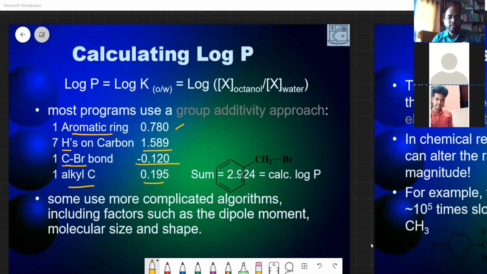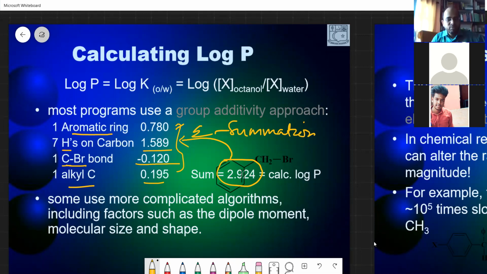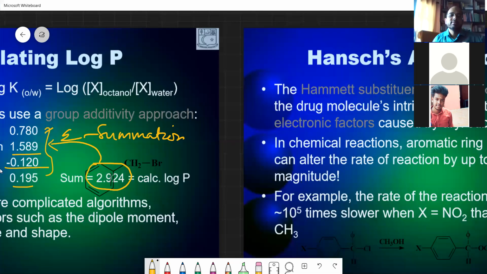This is the calculated log P. We call it summation. Some use more complicated algorithms, including factors such as the dipole moment, molecular size, and the shape of the molecule.